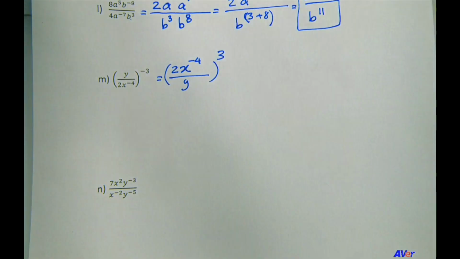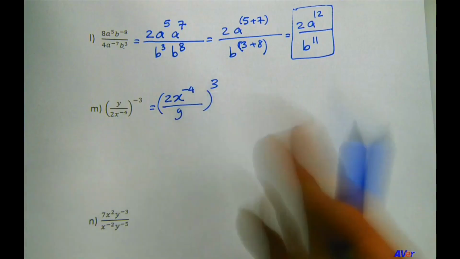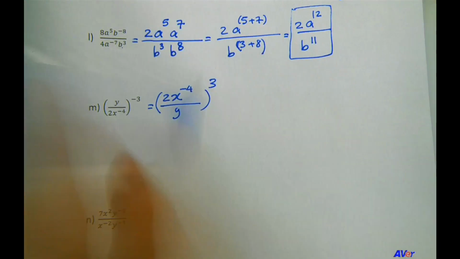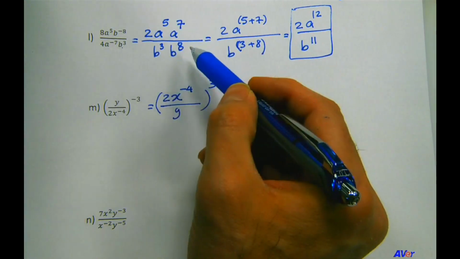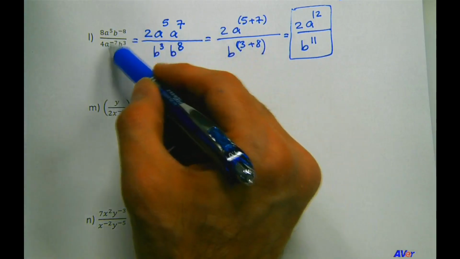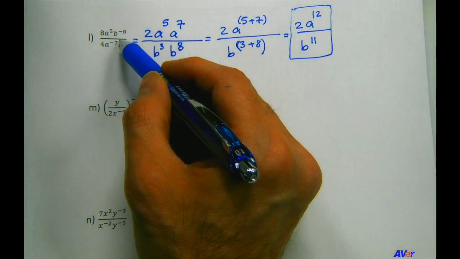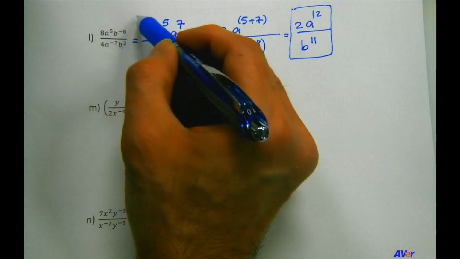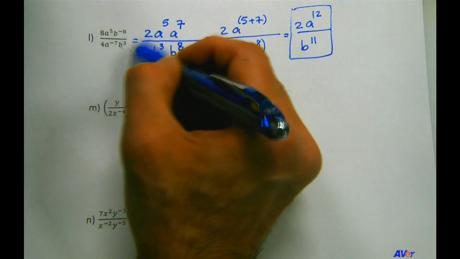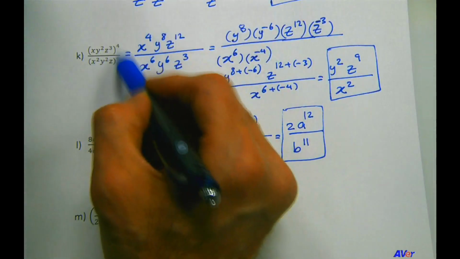Okay, I know this might be a little bit confusing, but it shouldn't be, because these are different situations. See here, when we move things around, it was not in the context of an outside power. There was no outside power there, right? Even here, the powers on the outside were positive.